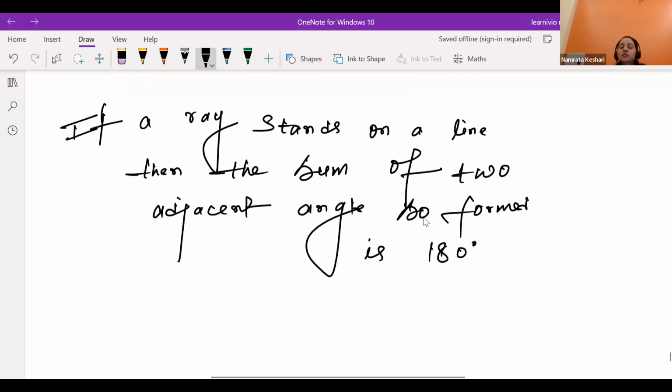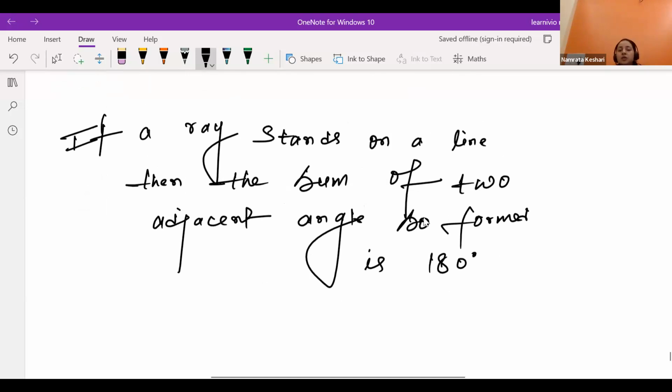Now there is a converse of this theorem. Let me write it over here.